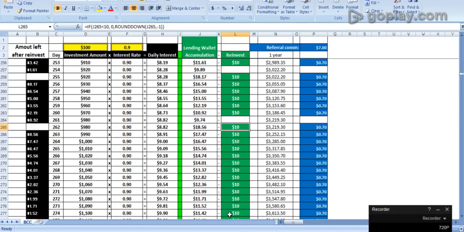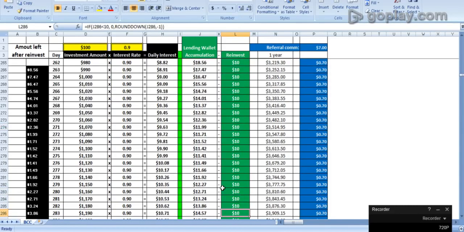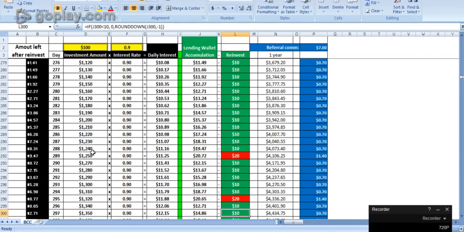What'll start to happen is your first $20 day. At day 289, you're up to $1,250 invested, making $11.25 a day. And this is the first day where you got enough interest to make two $10 reinvestments.